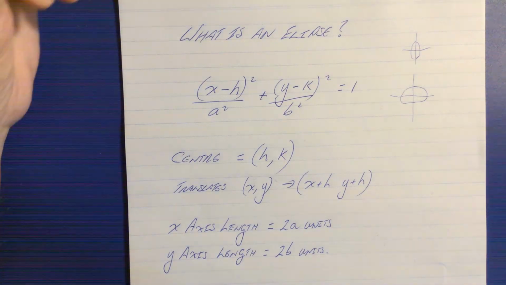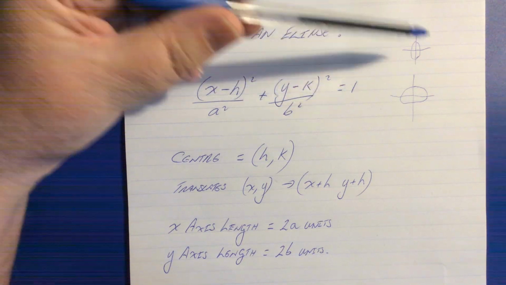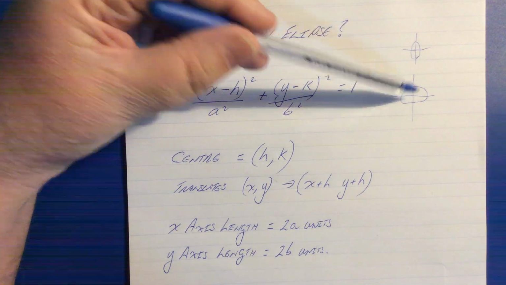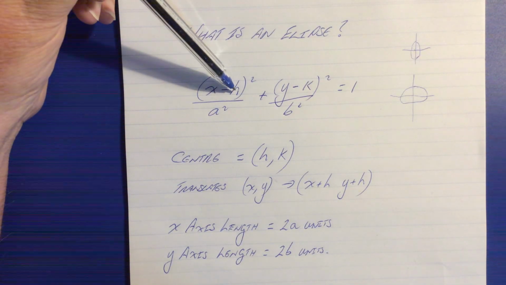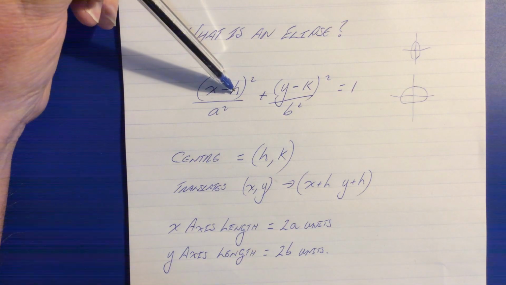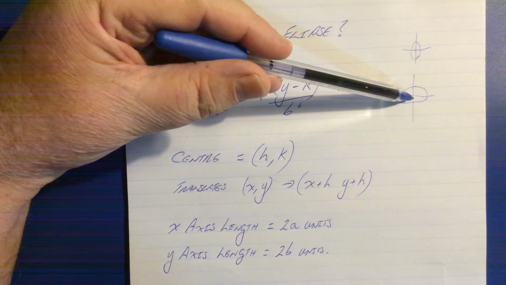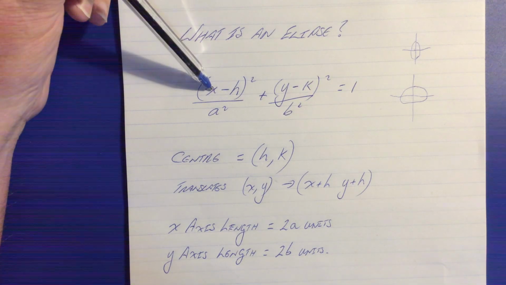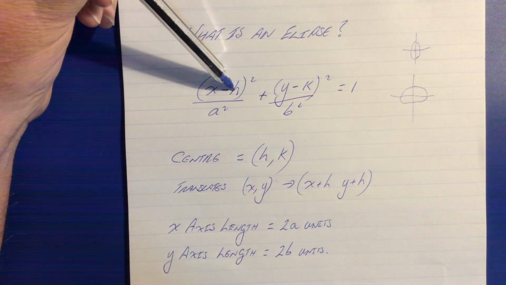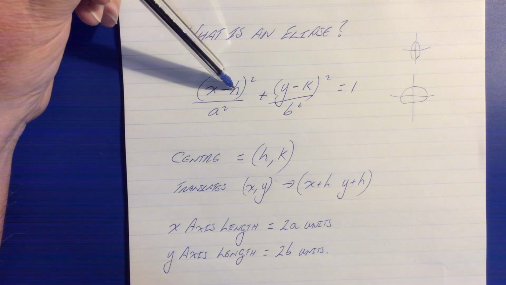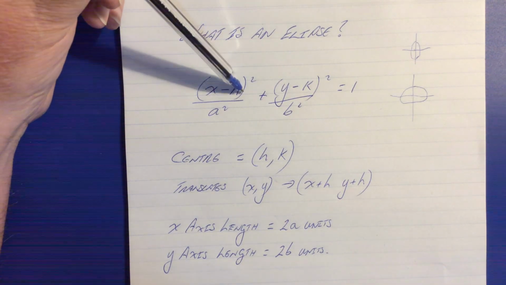Now, the center of this thing, if we take these examples, which are centered on the origin, this would be 0 and this would be 0. So the center of it would be h, k, the origin, 0, 0. If, for instance, this were 2, so it is x minus 2, the x-coordinate of the center would be 2.